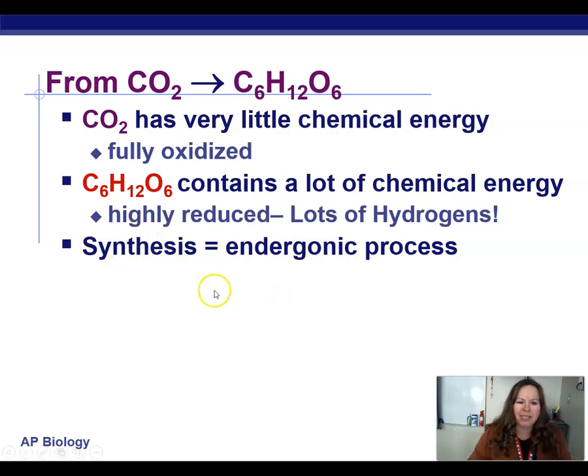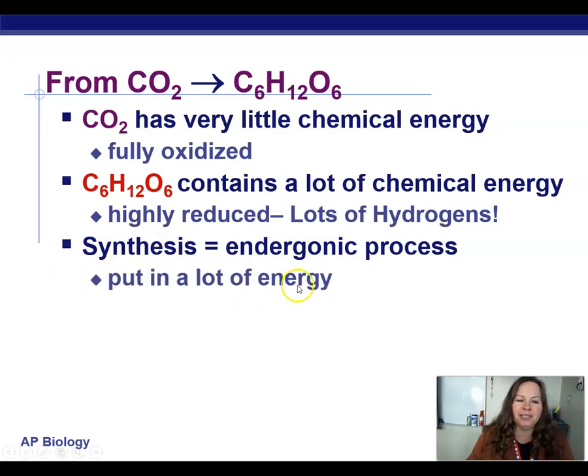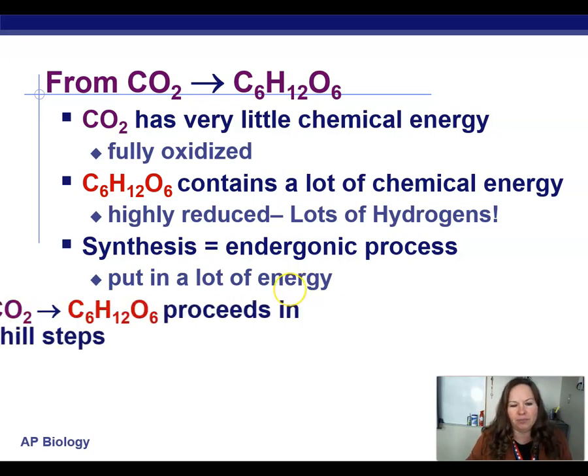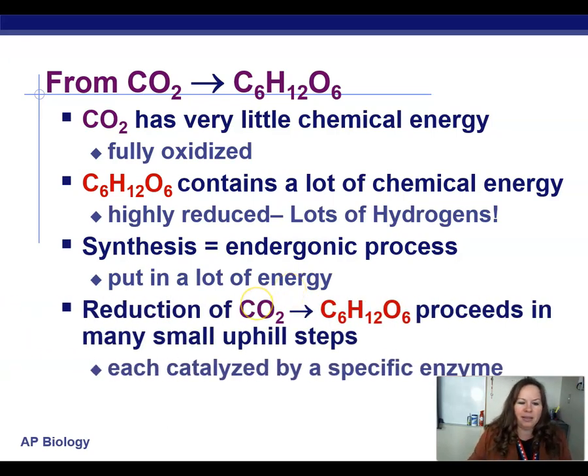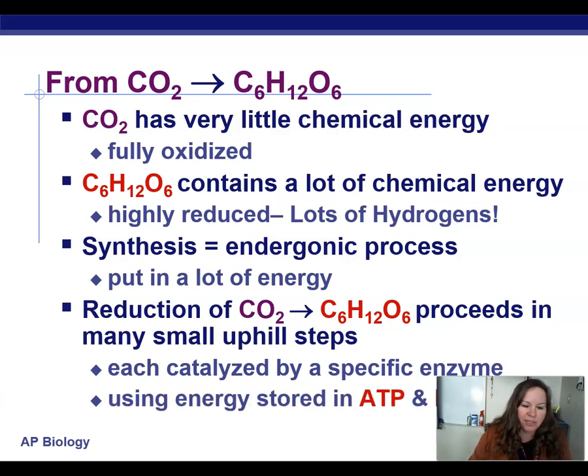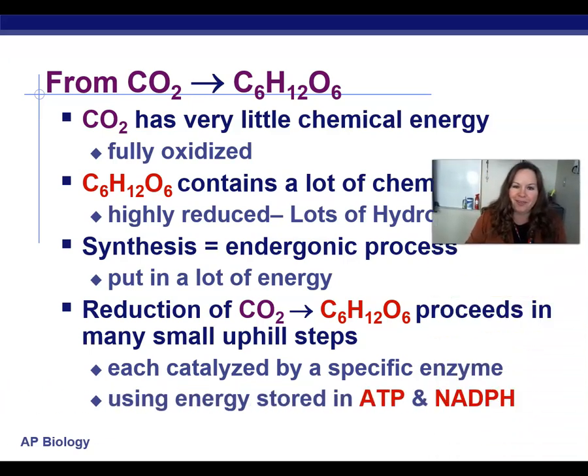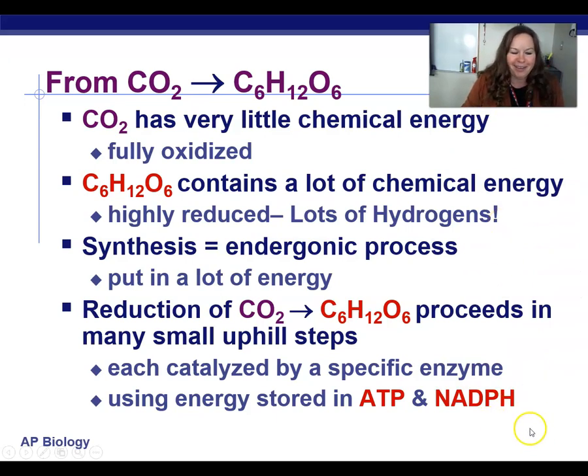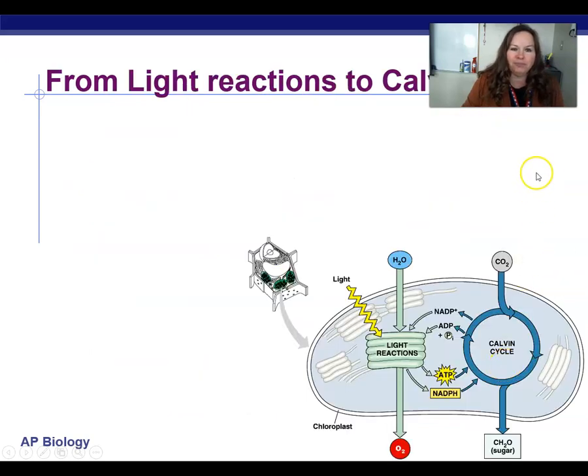So this synthesis that we're doing here in photosynthesis is an endergonic process, meaning since we're putting the H's into it, we've got to put energy into it. And so these are like uphill steps in order to get this accomplished. Each is going to be catalyzed by, of course, specific enzymes like we're used to. Everything's done by enzymes in the chemical world. And of course, we're going to use ATP and NADPH.